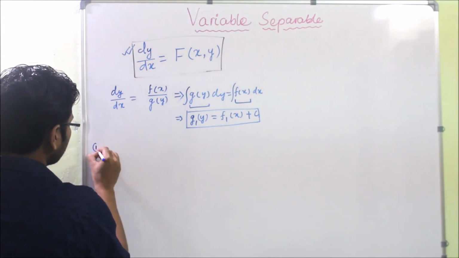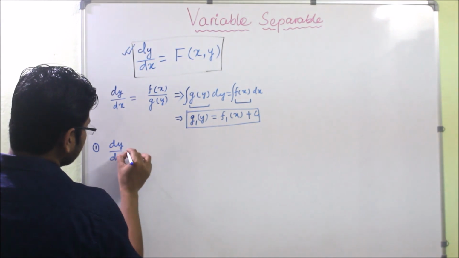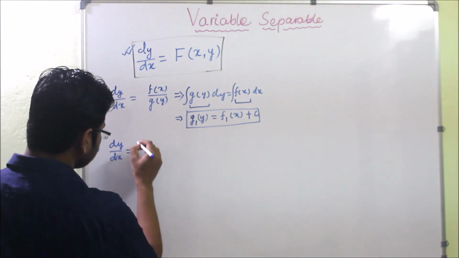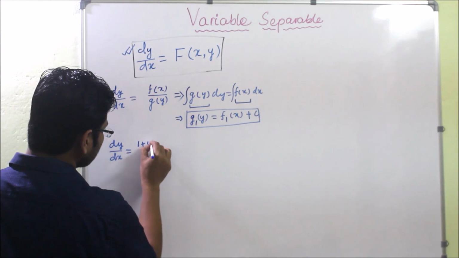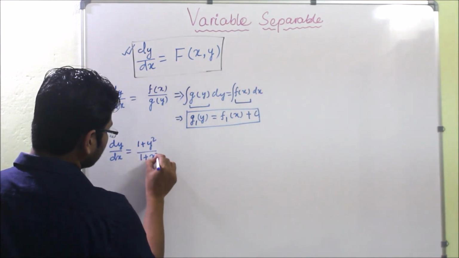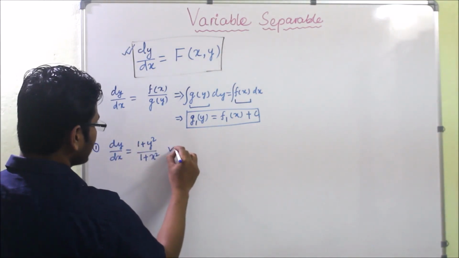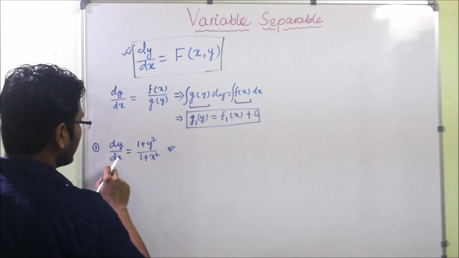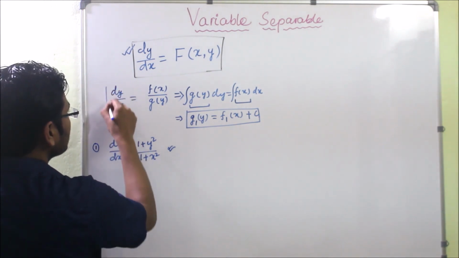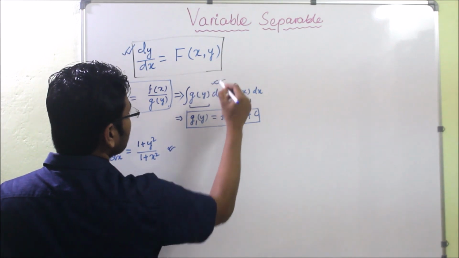So we can take one example, that is dy by dx equal to 1 plus y square divided by 1 plus x square. If we have this differential equation, what to do? We have to convert it into this form, then this form.